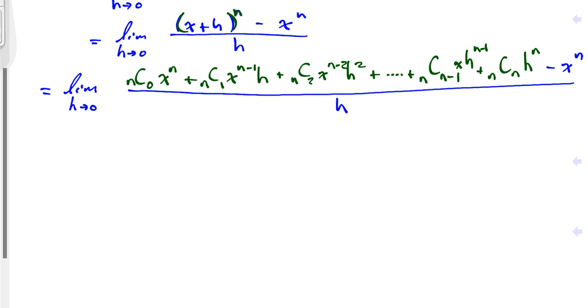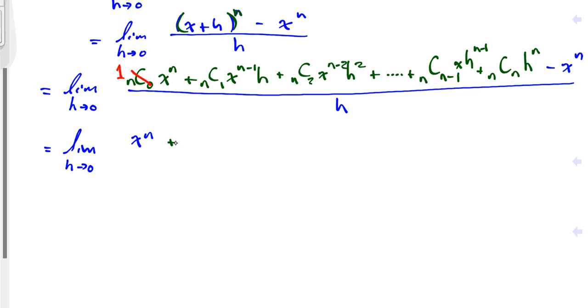What is 20 choose 0? 1. What is n choose 0? 1. So this is a 1. So what I have, as h approaches 0, of x to the n plus all this other stuff.